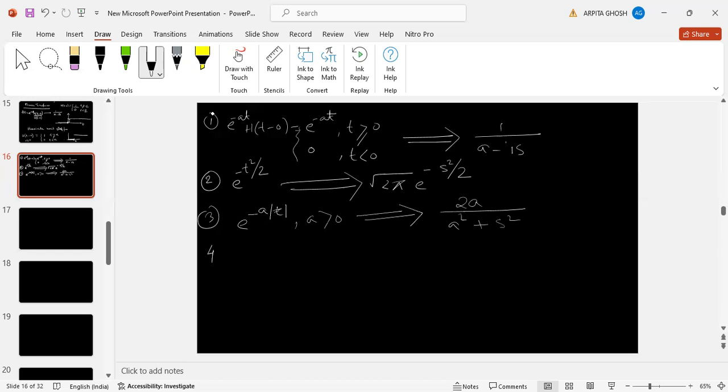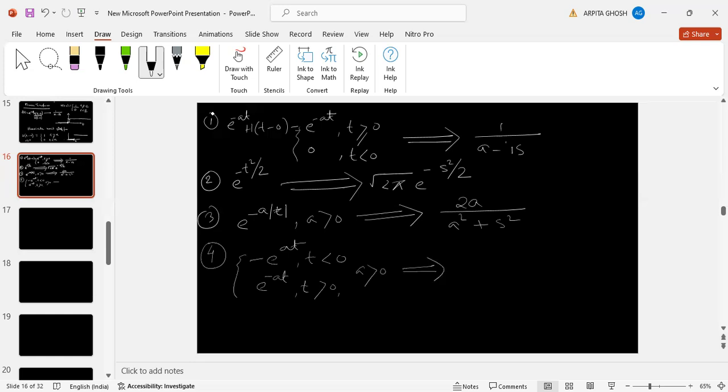And the fourth one is minus e to the power at for t less than 0, and e to the power minus at for t positive, and both are for a positive.